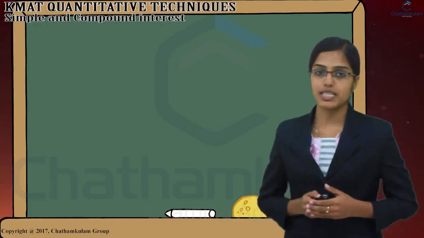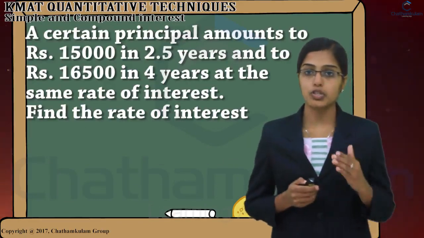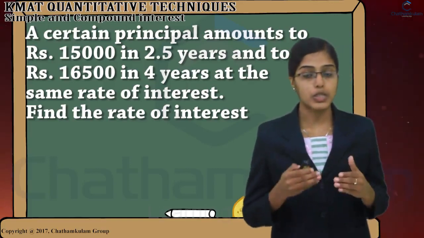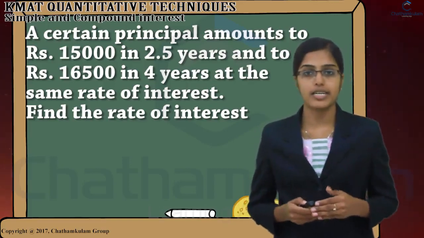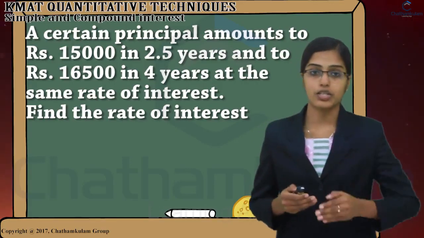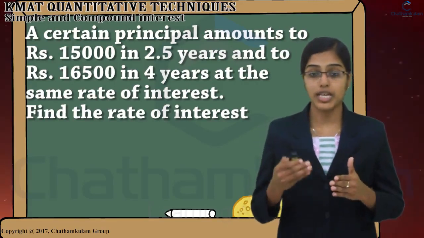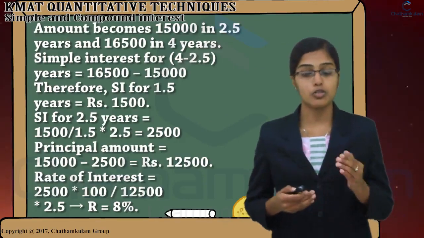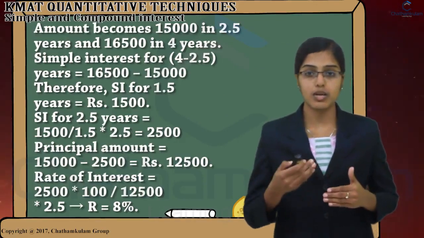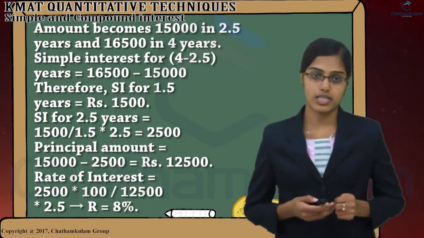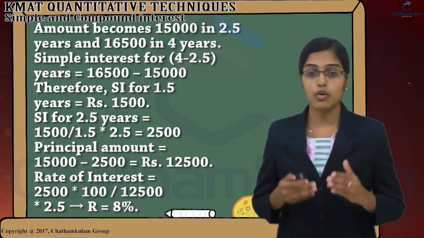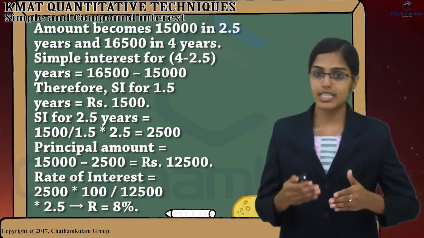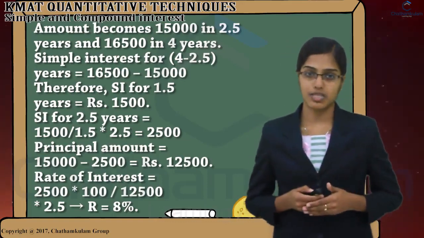Our next question is that a certain principal amounts to rupees 50,000 in 2.5 years and to rupees 60,500 in 4 years at the same rate of interest. Find the rate of interest. Amount becomes 50,000 in 2.5 years and 60,500 in 4 years. Simple interest for 4 to 2.5 years, that is equal to 60,500 minus 50,000.